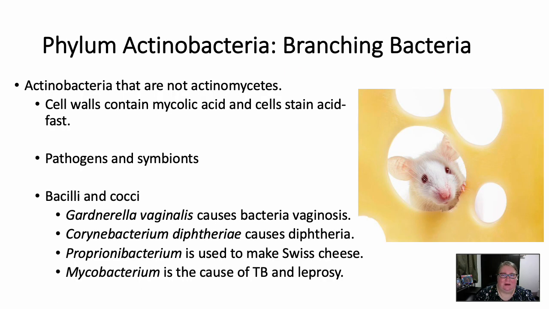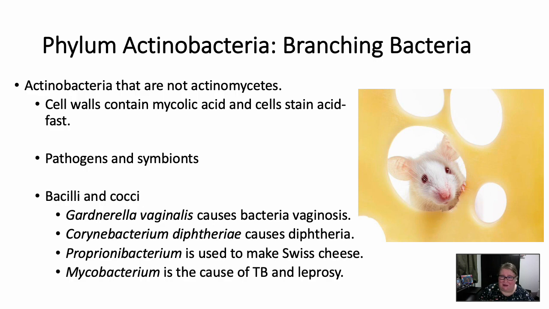So what we need to talk about now are the Actinobacteria that don't produce antibiotics. The Actinomycetes group is the most famous because they do produce antibiotics, but we have some equally famous bacteria in the other group that don't. Some common characteristics these bacteria have: they have cell walls that contain mycolic acid.